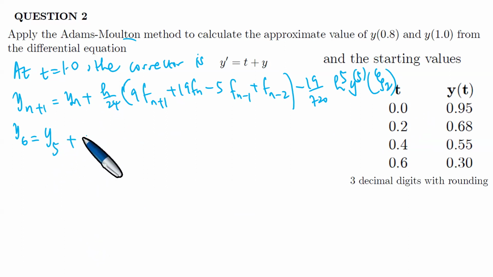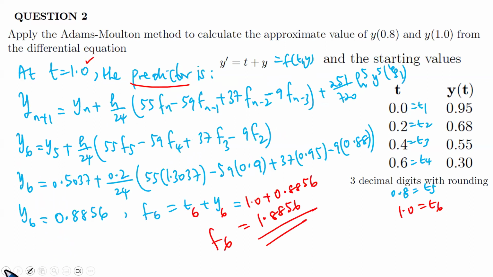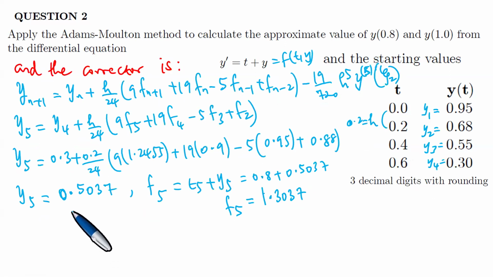So here you have y5, h out of 24, 9 f6, 19 f5, 5 f4, f3. What is Y5? Y5 is 0.5037. That is Y5.